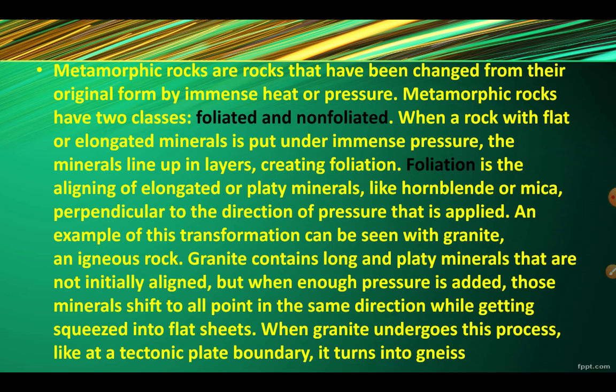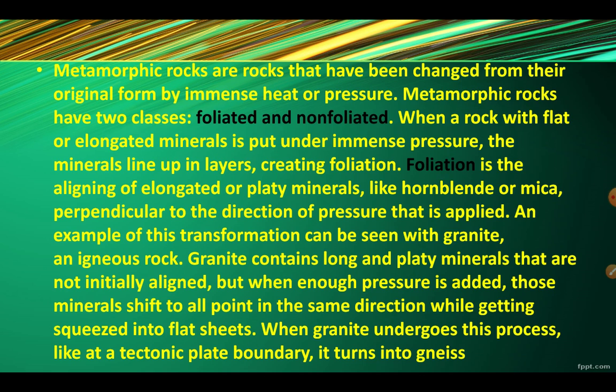An example of this transformation can be seen with granite, an igneous rock. Granite contains long and platy minerals that are not initially aligned, but when enough pressure is added, those minerals shift to all point in the same direction while getting squeezed into flat sheets.